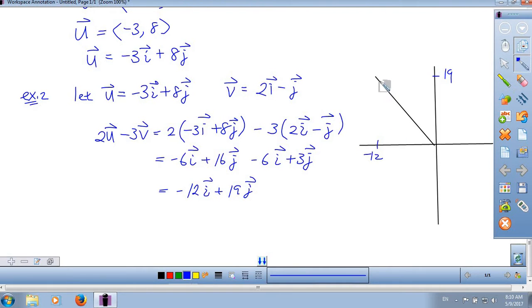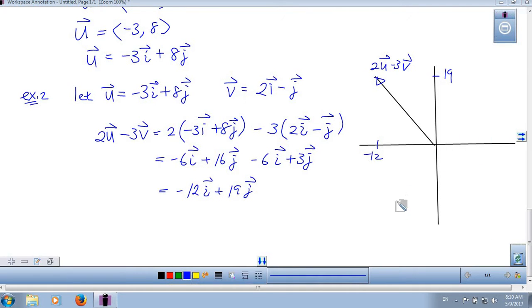This would be my 2u minus 3v. So it's very, very straightforward, because the i vector goes in the x horizontal direction and the j vector goes in the vertical direction.